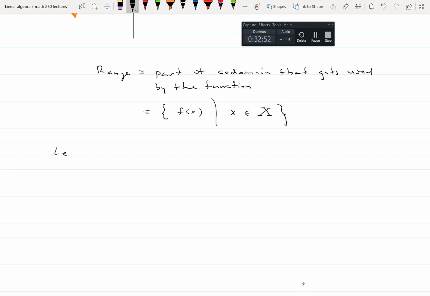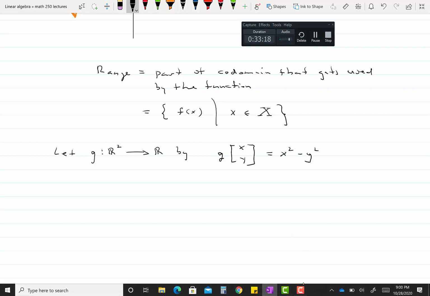So let G take something from R2 and turn it into something in R by the formula G of the column vector xy equals x squared minus y squared.